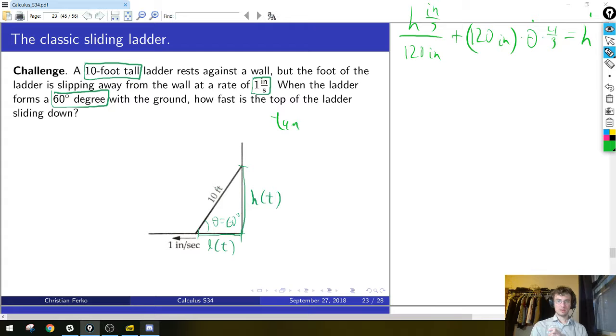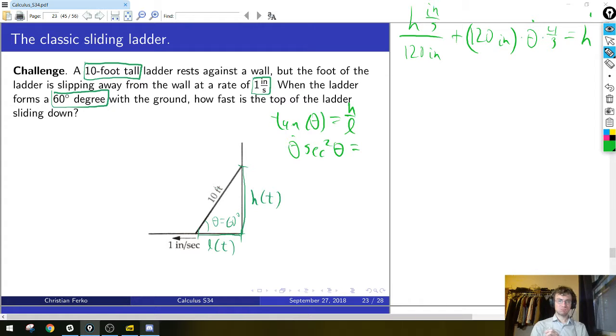The tan theta is h over L, and that resulted in theta dot secant squared stuff.